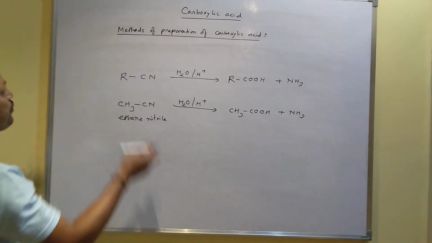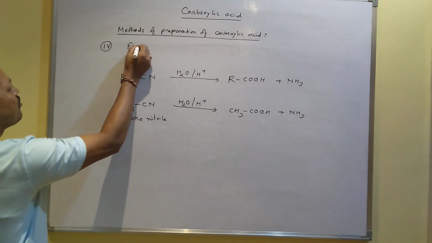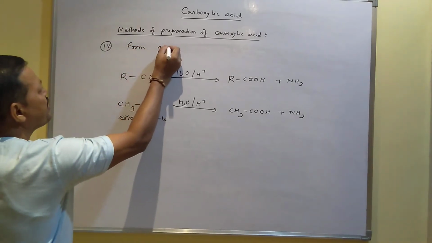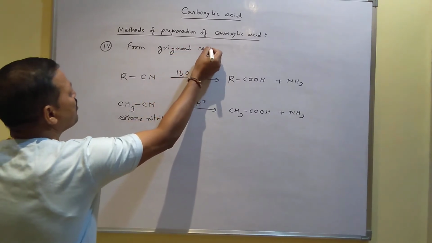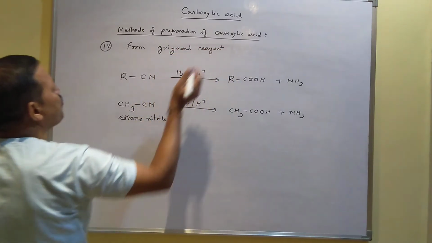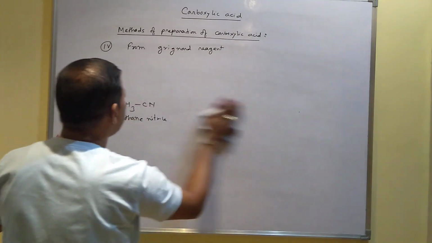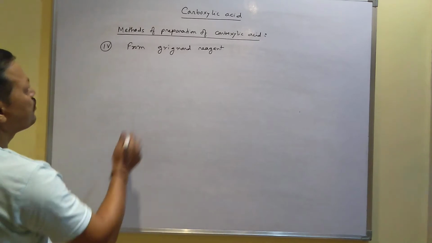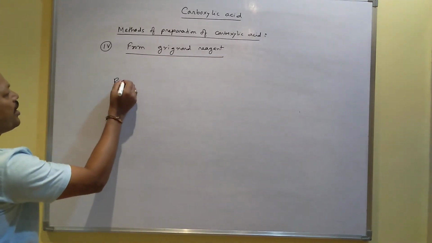Number 4, from Grignard reagent. You know Grignard reagent formula is RMgX.